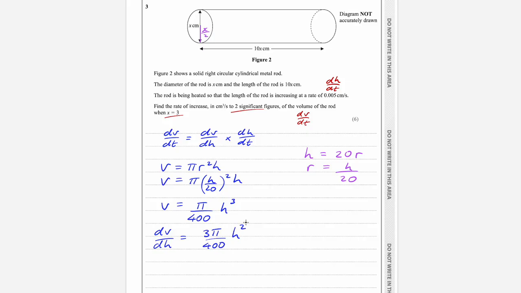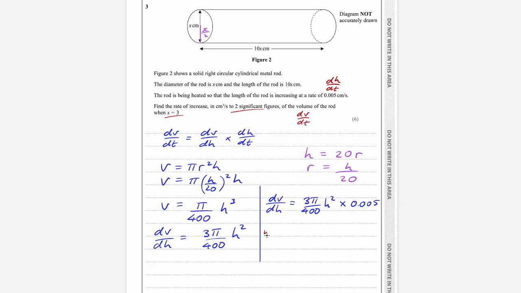Now I have dV/dh. dV/dh is then equal to 3 pi over 400 h squared. But what is h? Well, I want to find it when x is 3.